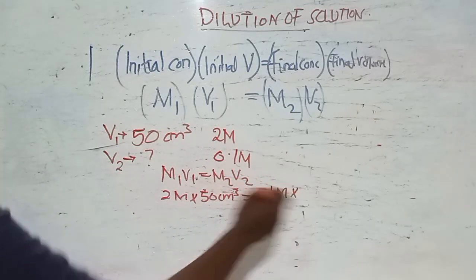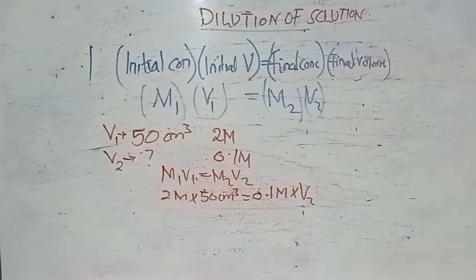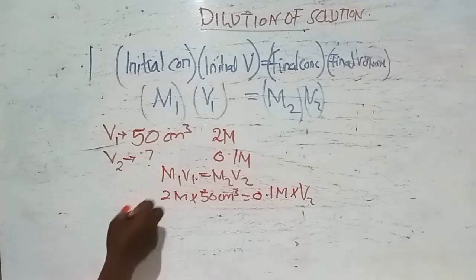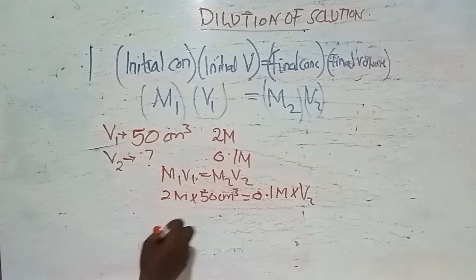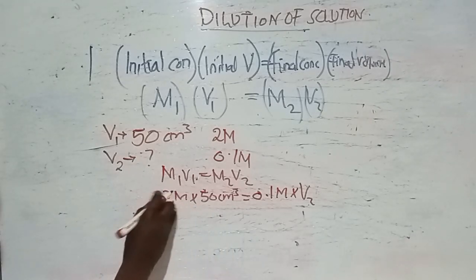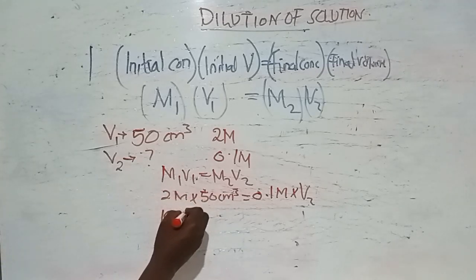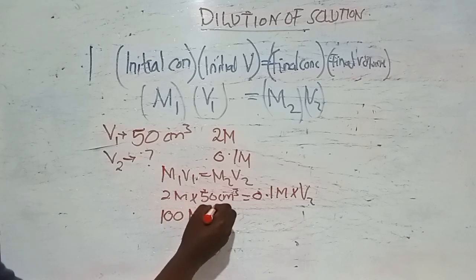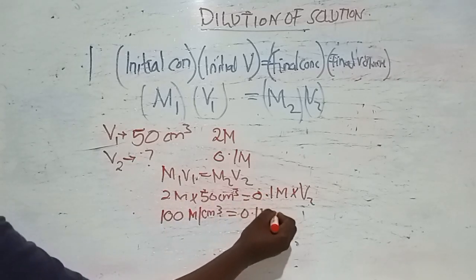You multiply by V2, which is what we do not have. Now, after you have worked it out, on this side, 2 times 50, you get what? You get 100 molar per centimeters cubic, which is going to give you 0.1 M V2.